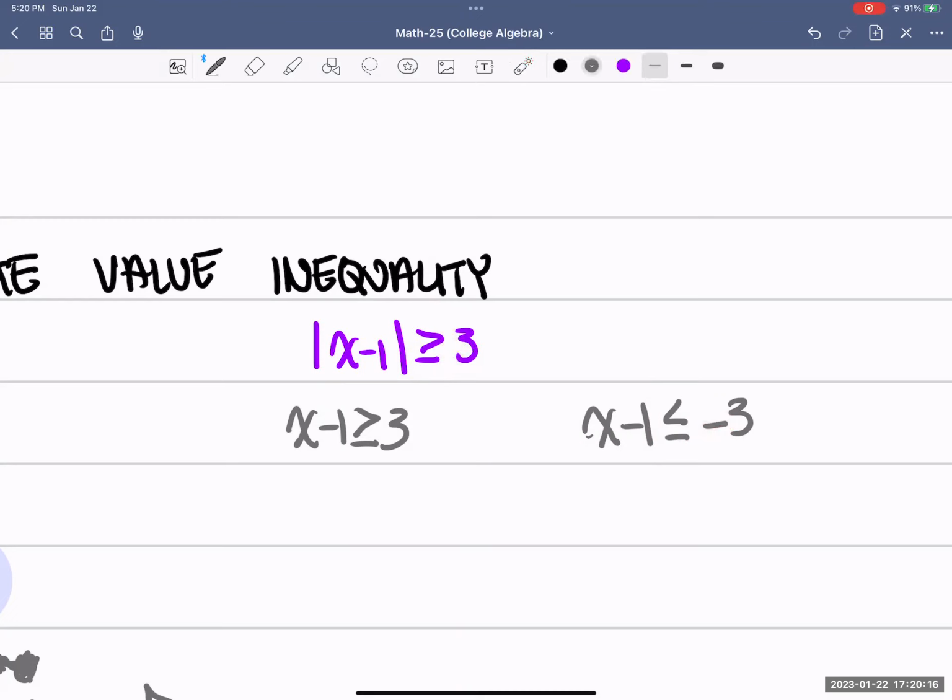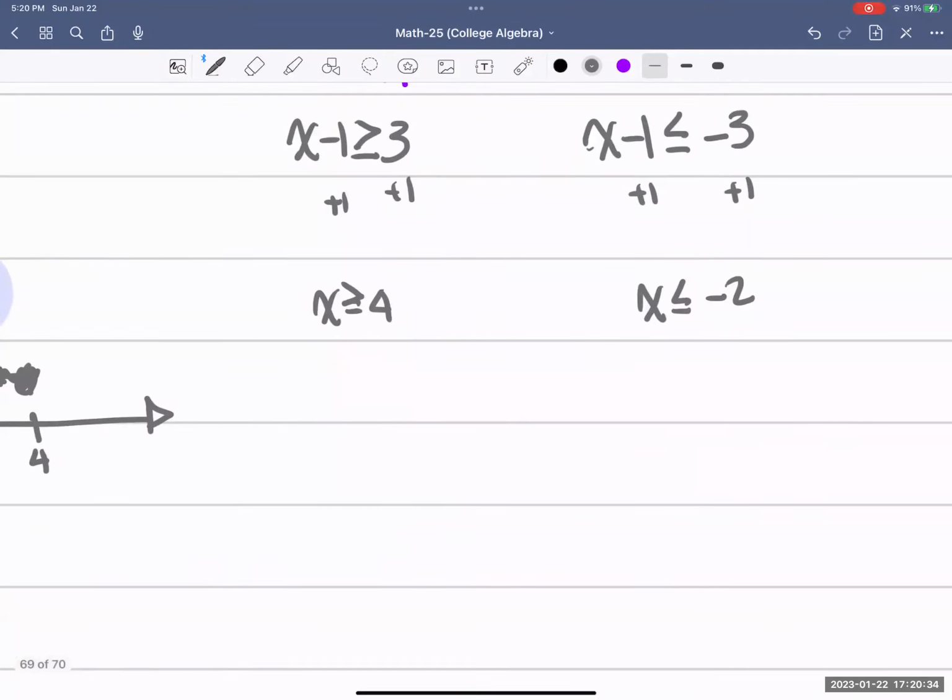From here, we're solving these two individually. This left part, plus 1, x is greater than or equal to 4. Over here, plus 1, x is less than or equal to negative 2.